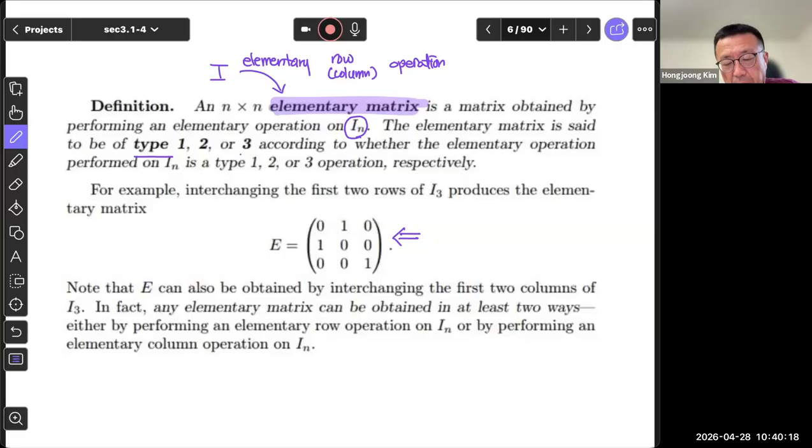You obtain this by interchanging the first two rows of the identity matrix, or you may say you interchanged the first two columns. Anyway, you obtain this matrix E by performing an elementary operation of type 1.